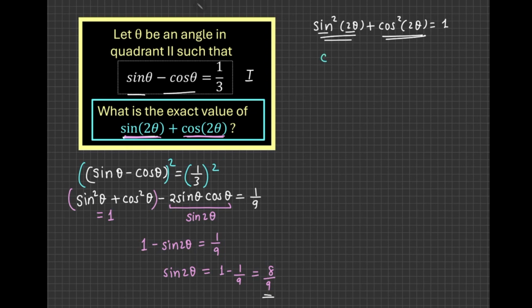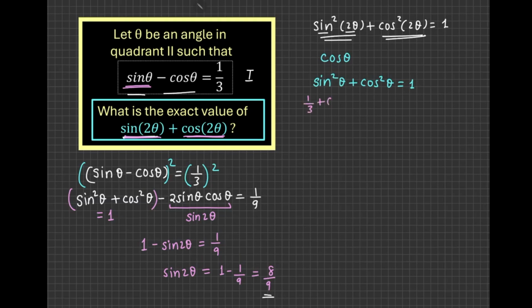To solve for cosine theta, we're going to begin with this equation: sine squared theta plus cosine squared theta equals 1. Now for the sine squared theta, from equation 1, sine theta is equal to 1/3 plus cosine theta.